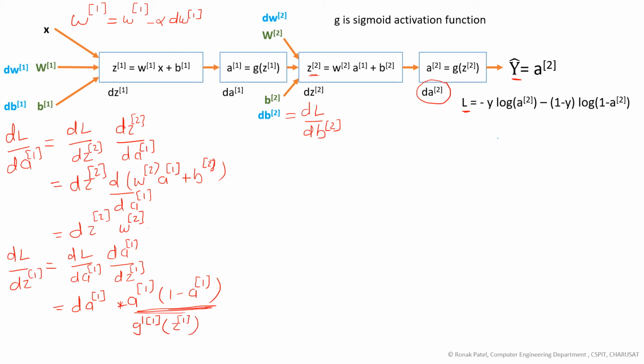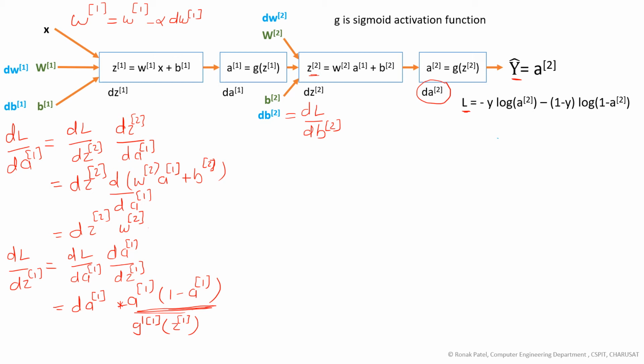If you are using sigmoid, you can write a1 into 1 minus a1. If you have another activation function, based on the derivative of that activation function, you can write it. Okay, so this is dl upon dz1.